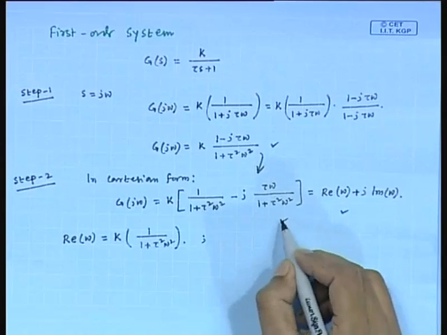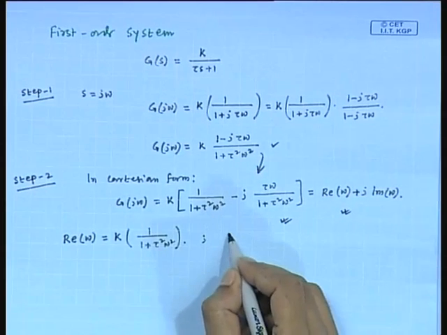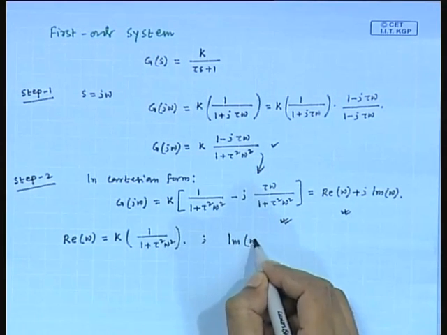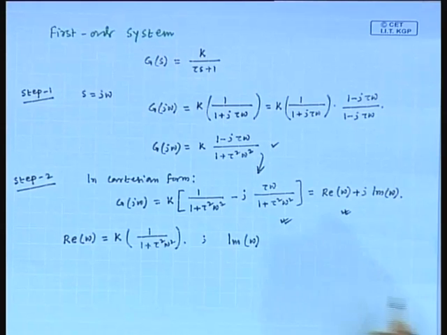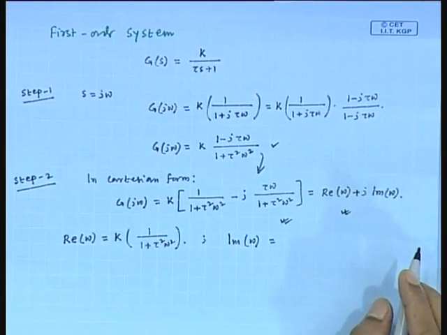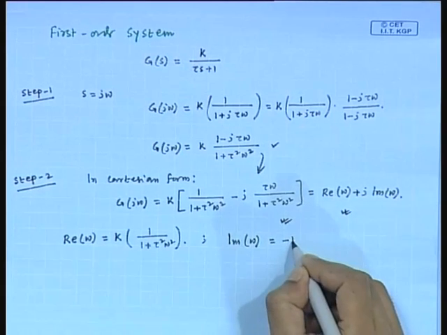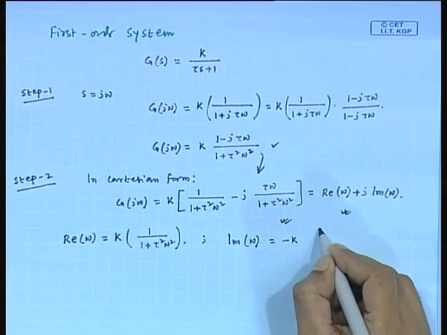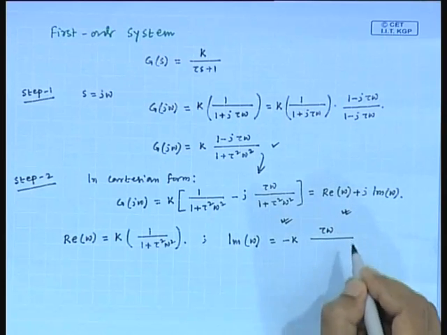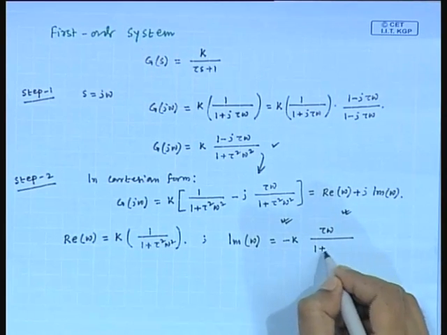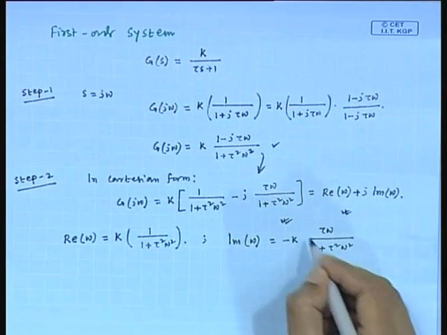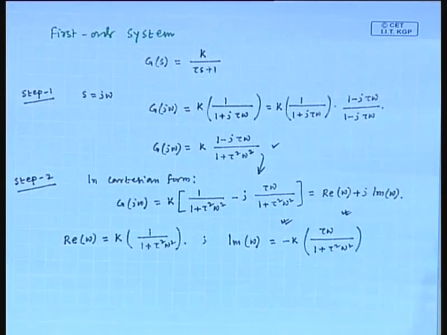And comparing these two, again we get the imaginary part also. Imaginary part is equal to minus K tau omega divided by 1 plus tau square omega square. Fine. So, we obtain in step 2 the real part and imaginary part.